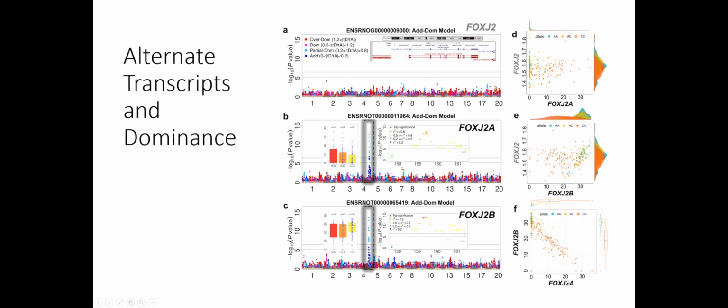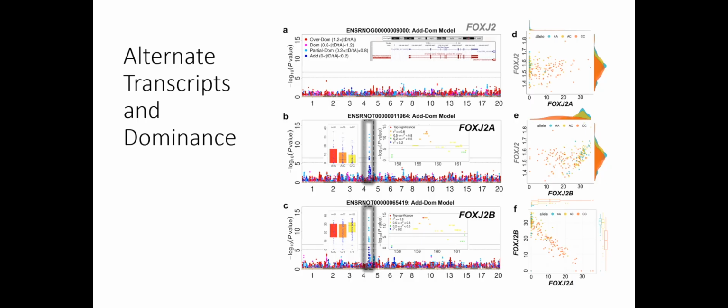And when you plot the 2 isoforms' expression against each other, you get this complementary expression. So the sum of the 2 transcripts' expression is constant, but they're going up and down.